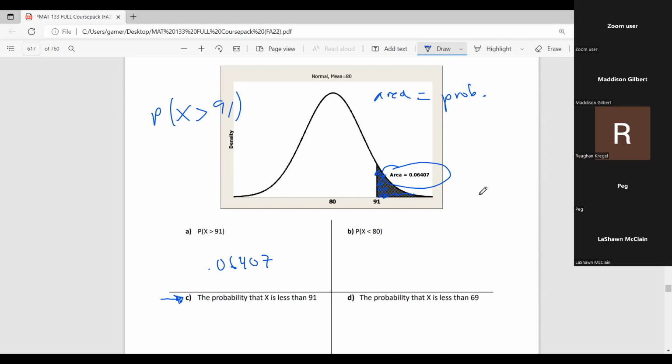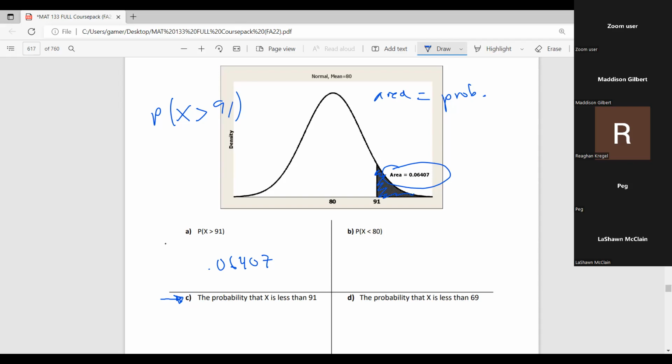Okay, let's pause. How's everyone doing with A? Okay, good. Now, you learned a bunch of stuff about this normal curve.